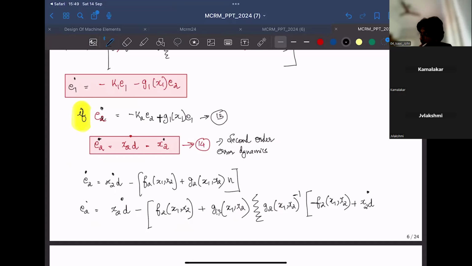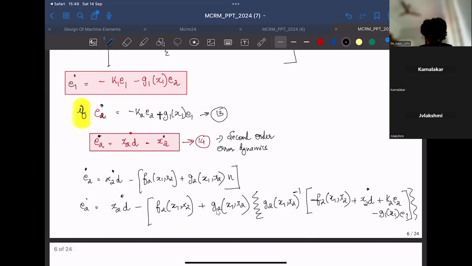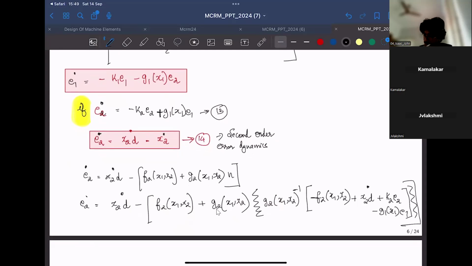So then what are the other terms that we don't really want? Then we have these two terms. These two terms are what we require, so I'll add those two terms over here: plus K2 E2. Then I'll also add this term, minus G1 of x1 comma E1. So this curly bracket will be here, and this negative sign will also be there.